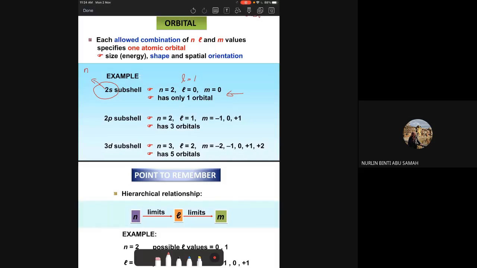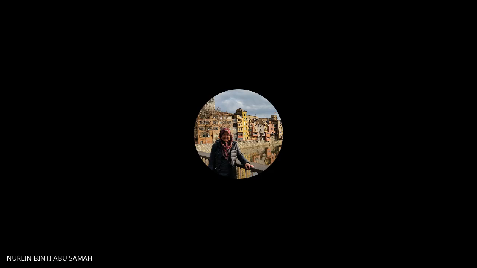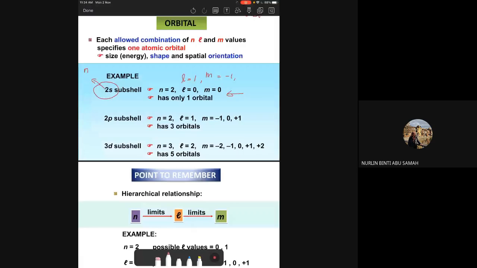Can you understand? So for l equals 1, what is m? m equals negative 1, 0, plus 1. Right? So this also can be accepted. Of course we accept this.